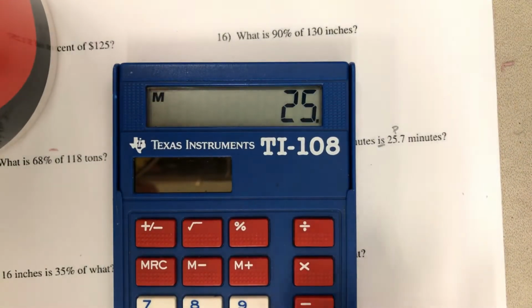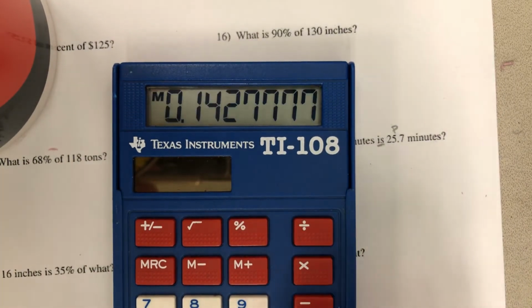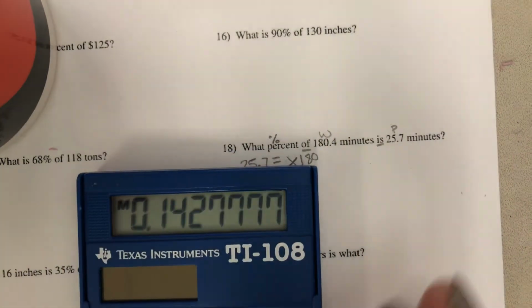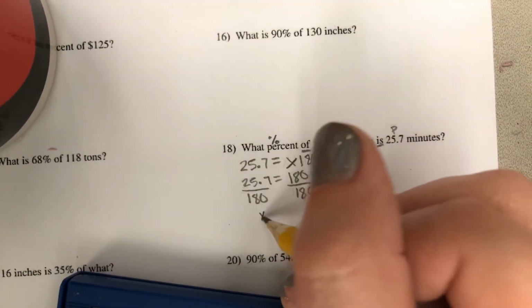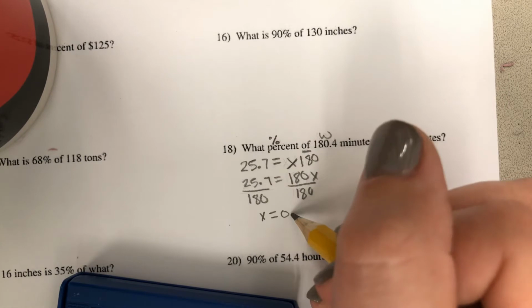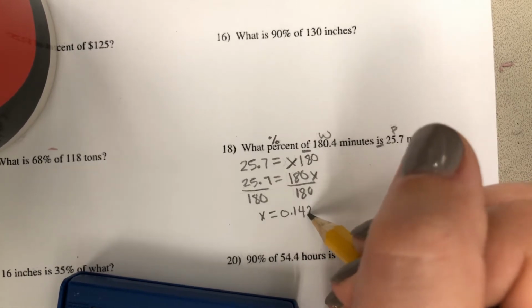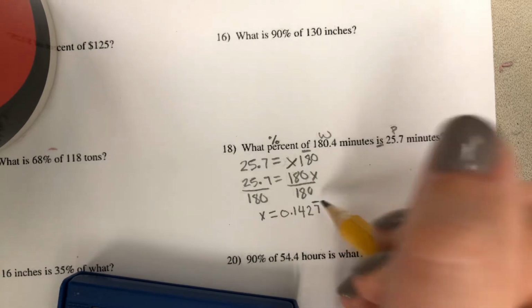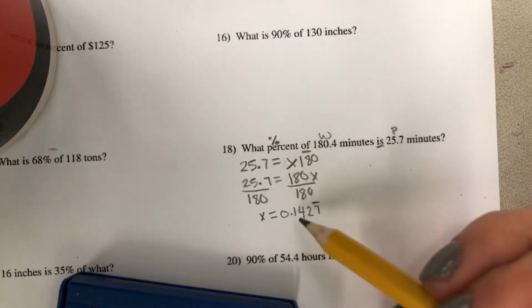So 25.7 divided by 180 gives me that x is equal to 0.14, 7 repeating on forever. Now I'm looking for a percent.